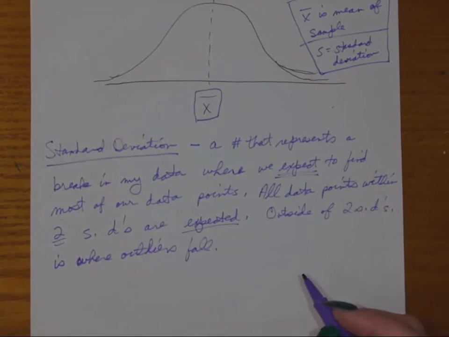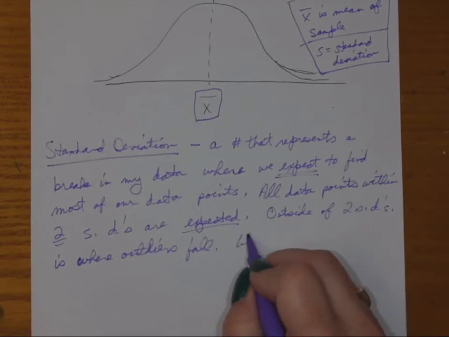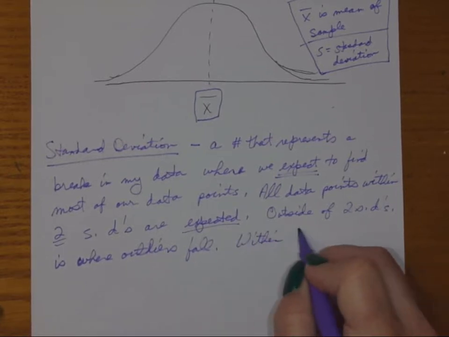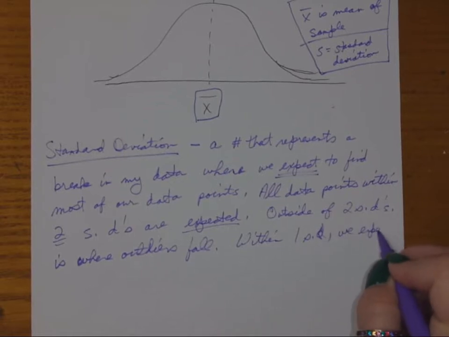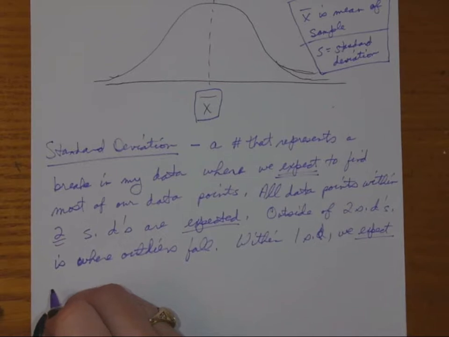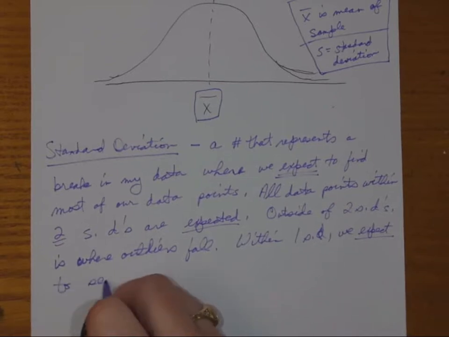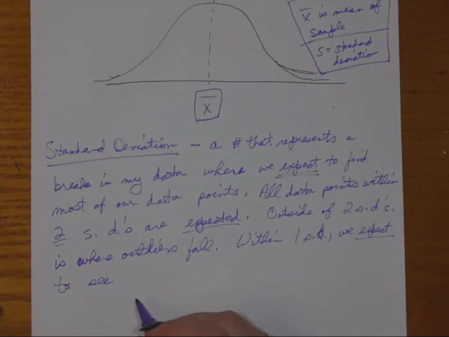But here's that 68% rule. Within 1 standard deviation, we expect to see, there's that word expect again. Okay, it means if it's normal data, which we wouldn't be using the normal curve if it wasn't normal data.